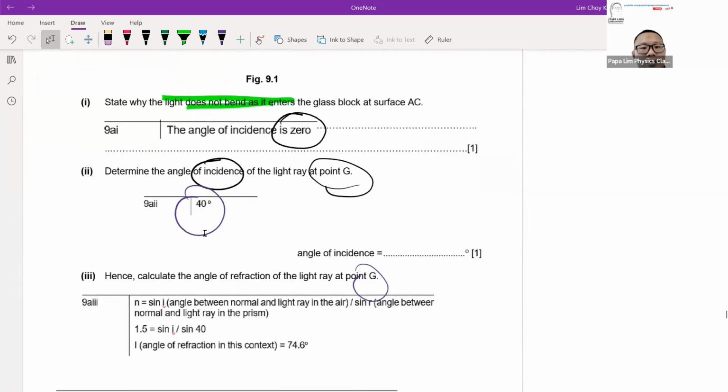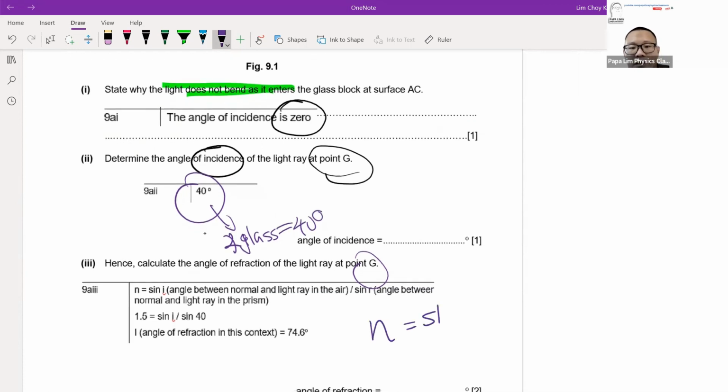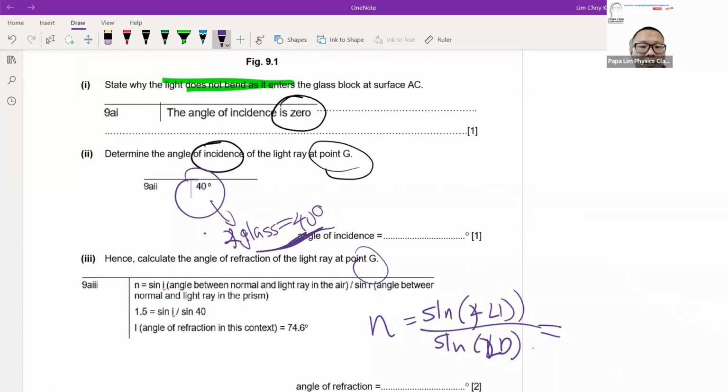The angle here is in the glass medium, which is 40 degrees. Remember the formula: refractive index is sine of the angle in the less dense medium divided by sine of the angle in the denser medium. In this case, the denser medium is glass, so this is the 40 degrees.